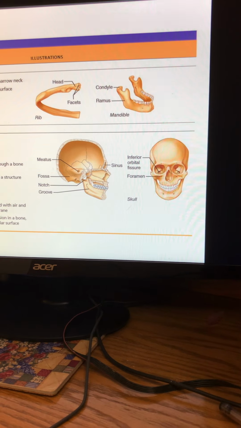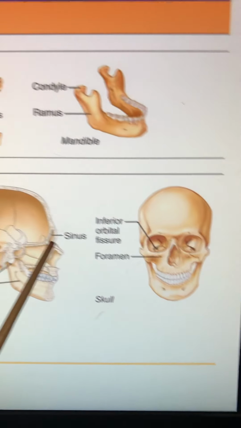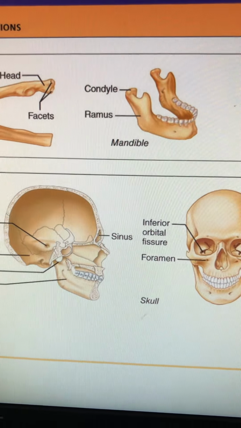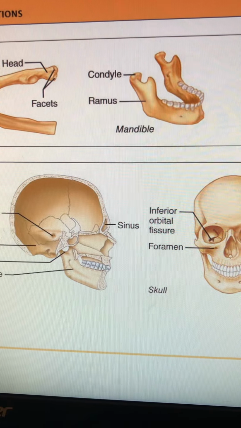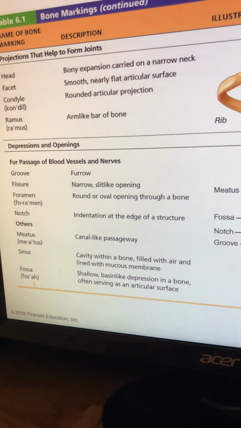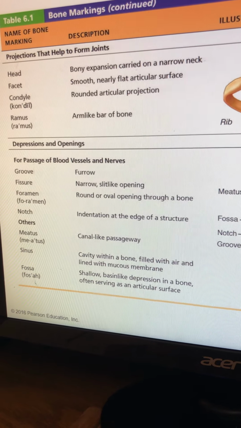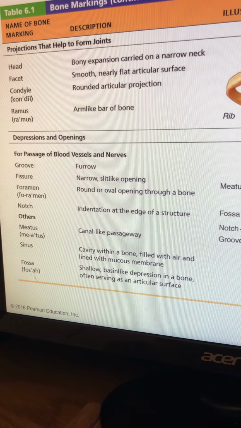A sinus, although they don't show any sinuses there, well, I guess they do here, is going to be a cavity within a bone. Because we're coming up on filling up our sinuses season in the Lehigh Valley, it is a hole within a bone that is filled with air and lined with mucus.